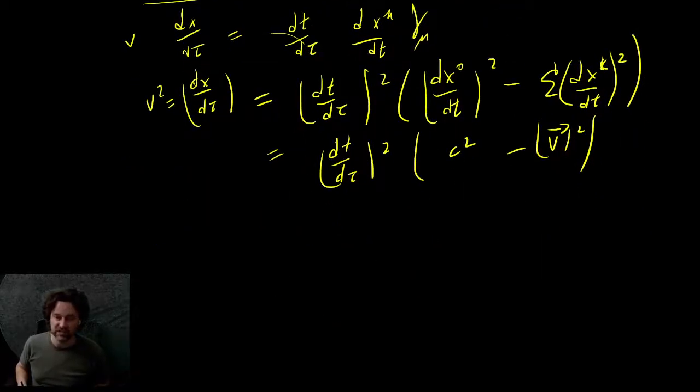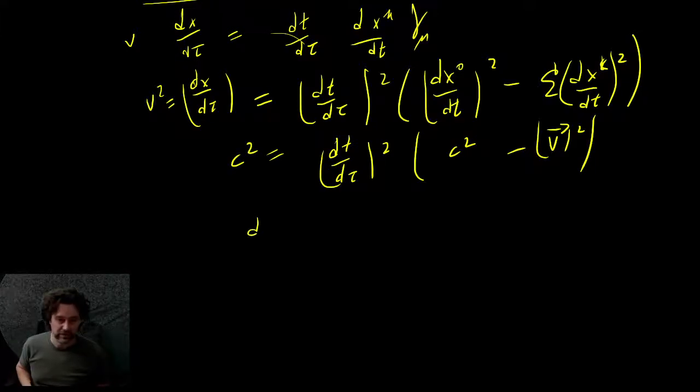This is velocity, taking all of our components: we have dx1 dt squared plus dx2 dt squared plus dx3 dt all squared, which is just our velocity squared. So we see that we have c squared and v squared, and on the other side, v squared equals c squared.